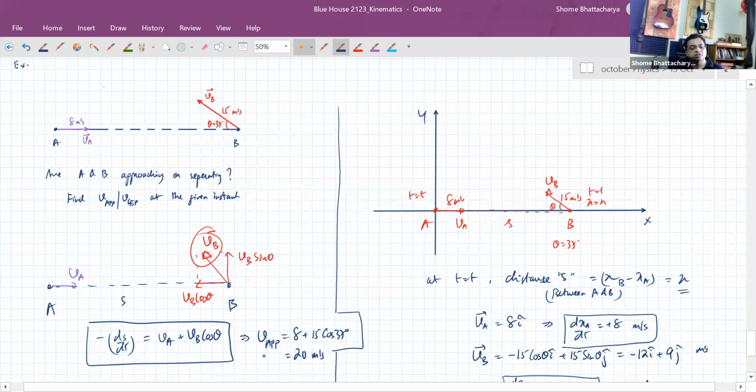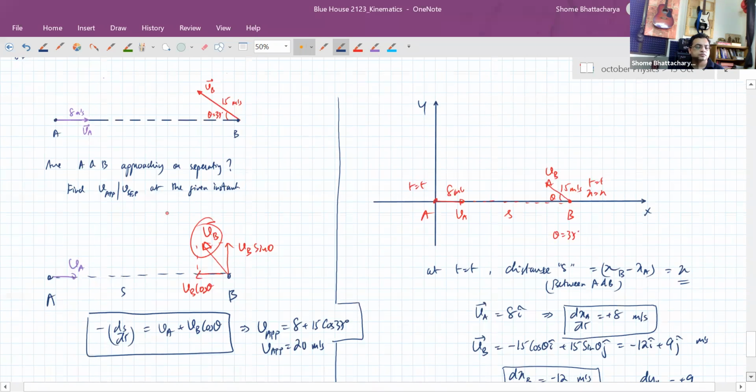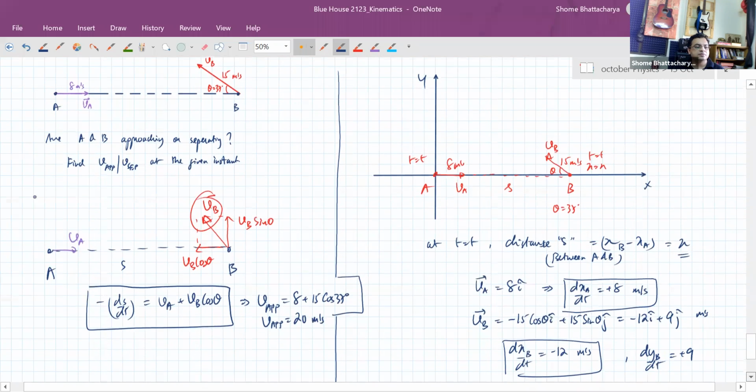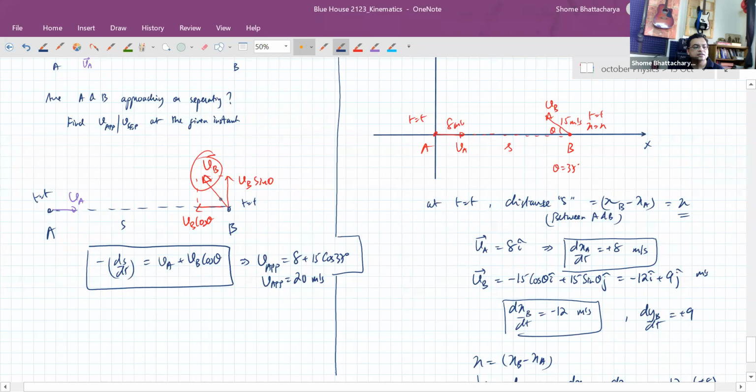So what we are understanding in this diagram is that at this given instant of time, this time t equal to t, because this angle here is 90 degrees. Okay, so this component VB sine theta is perpendicular to the line joining AB, so it does not play any role in the approach velocity.